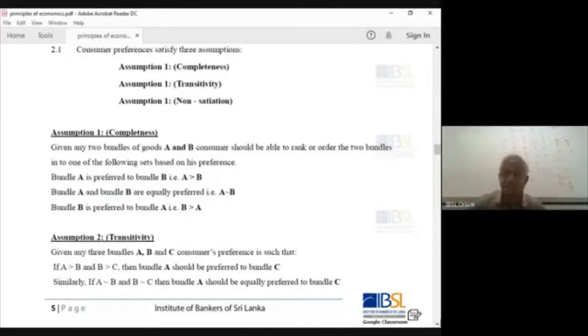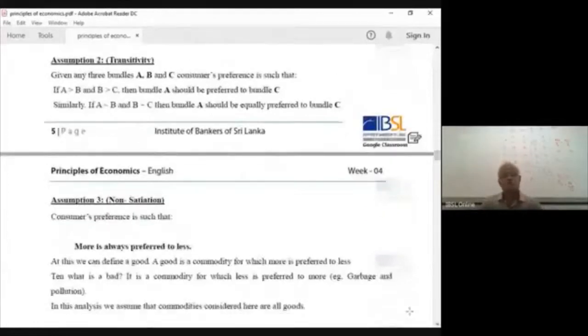The third assumption is very interesting. Consumer preference is non-satiation. The consumer always prefers more to less. More is preferred to less. That is the consumer's behavior, preference. We always prefer more to less.